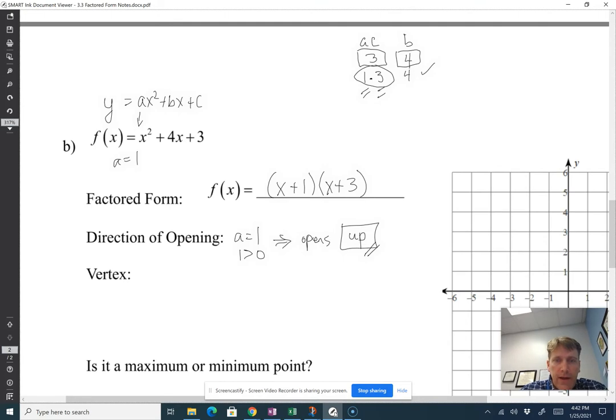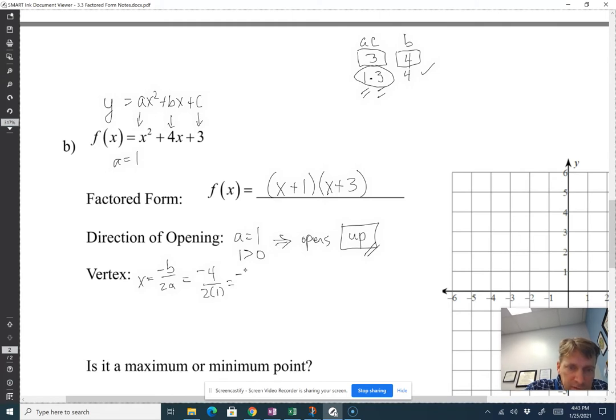All right, our vertex. So our vertex is x equals negative b over 2a, and b is 4. And so we're going to say negative 4 over 2a, and that's 2 times 1.